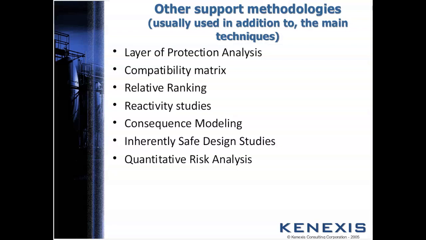A screening study such as a HAZOP has identified the hazards that should be subject to LOPA-type analysis. So LOPA takes into account all the existing layers of protection which are available to bring the process to a safe state, and then it assigns a probability of failure on demand to each layer, which gives you a much better estimate of likelihood than the purely qualitative estimate from a PHA.